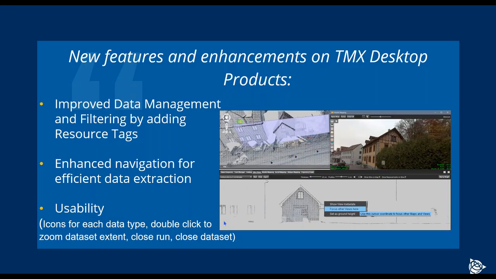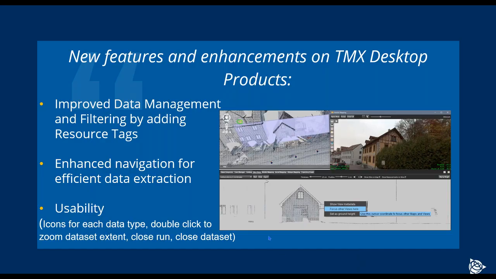TMX provides very good navigation tools, and now even better, because you can focus on an object. You can see it on my screen now, on Miguel's screen. You can focus on an object from multiple views and perform measurement or extraction out of any of them: 3D view, image view, or slice view in that case.